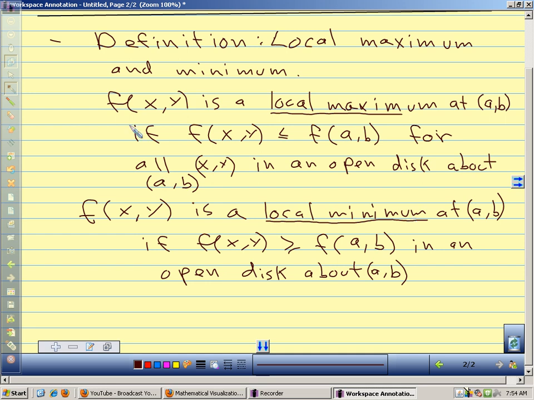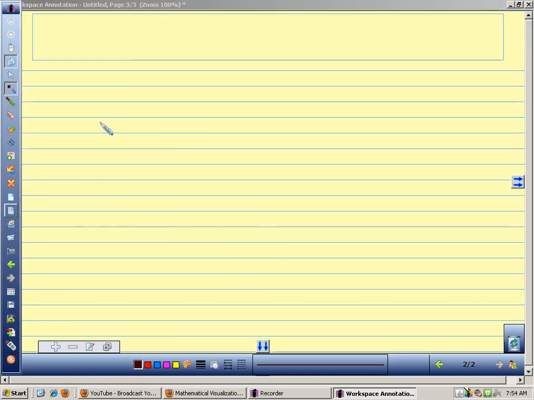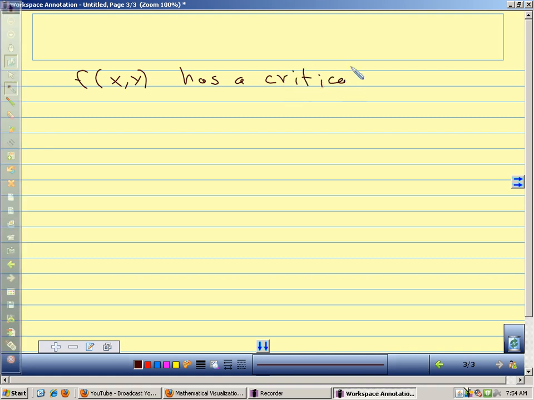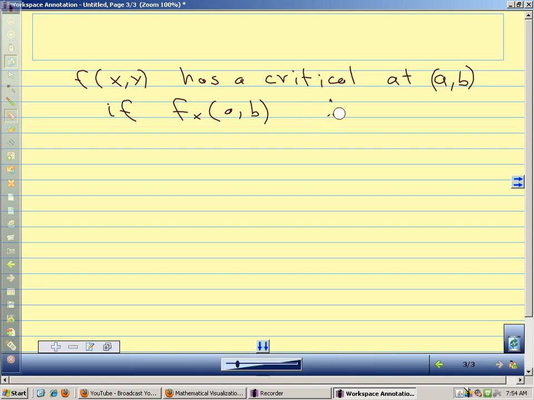And we have a critical point. Just like when we're talking about single variable functions, we're interested in critical points of f of x, y. So f of x, y has a critical point at our point (a, b) if f sub x of a, b and f sub y of a, b both equal 0.